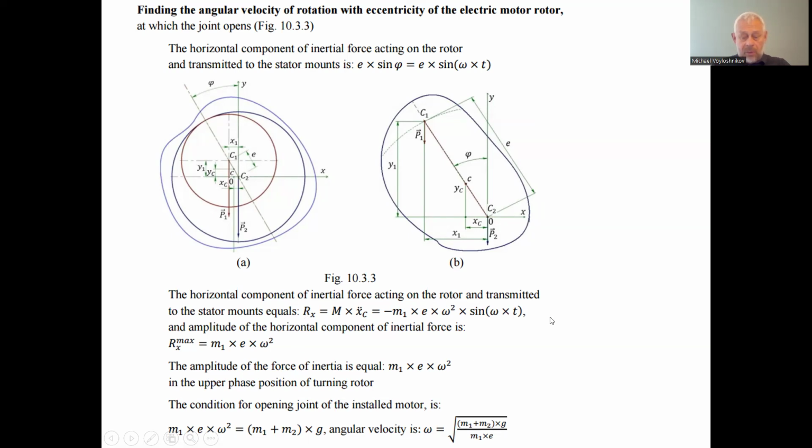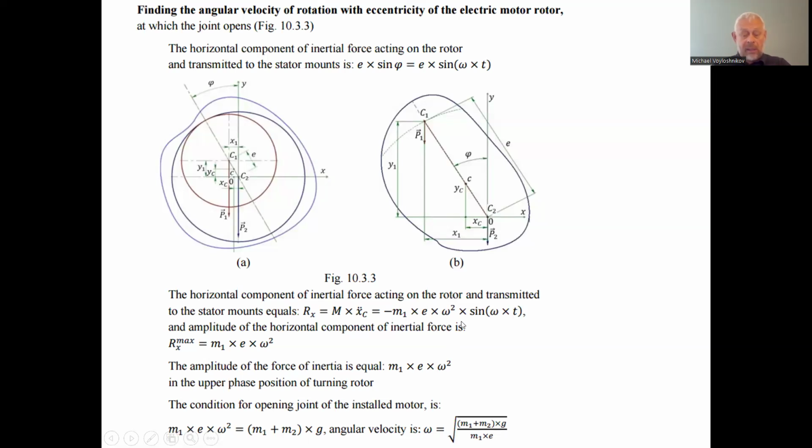Looking at the magnitude here, it is obvious that when rotating, the horizontal force will be of trigonometric form, like a sine form. It depends exactly on the initial condition, but that is not so important. We have to find the maximal magnitude.